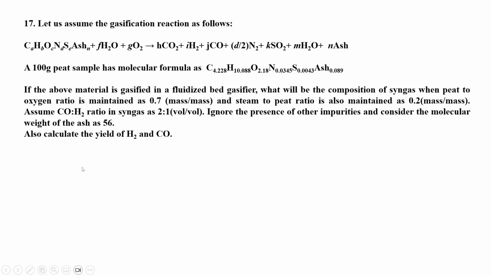So, this is the reaction given. The mass is given as 100 grams. So, using this reaction and this formula, we will be doing the balance. Firstly, we will be doing carbon balance.